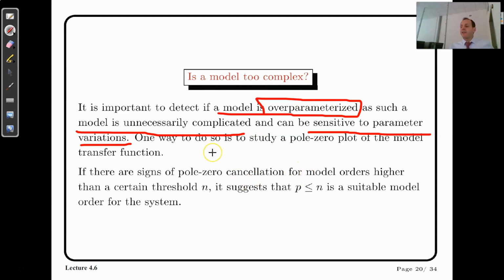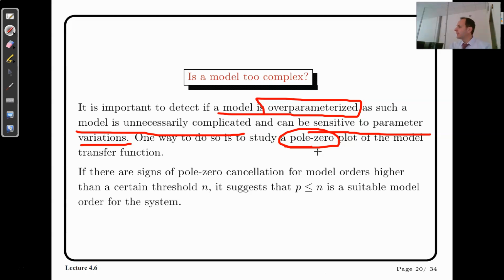So a very simple way to understand if perhaps you selected a number of parameters that is too high is to check the poles and zeros, if you remember that the model is in its transfer function form.